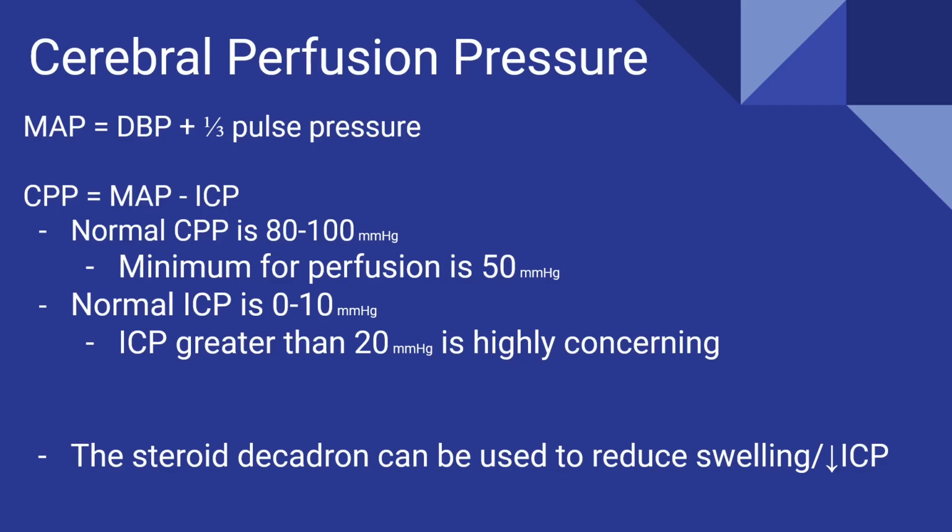Now, we can't have anything go significantly over that as far as our ICP goes. So our cerebral perfusion pressure, what's required to perfuse our brain, should be between 80 and 100, and you can calculate that by taking your MAP and subtracting your intracranial pressure.